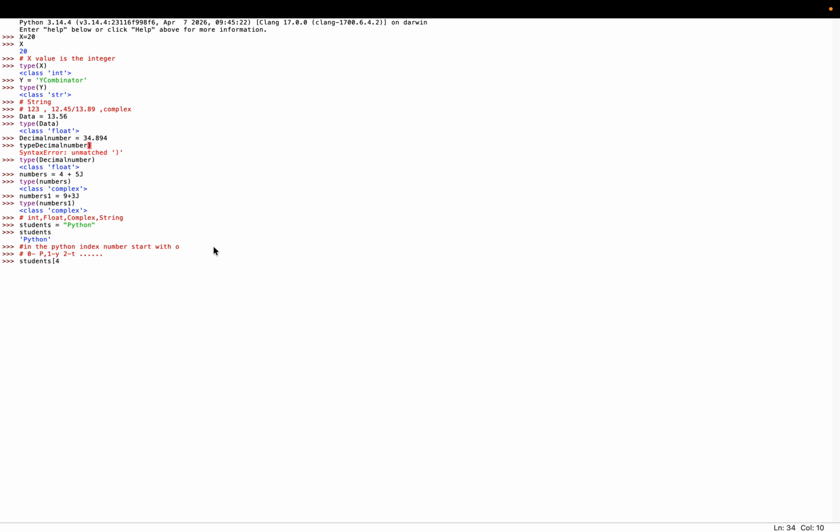Example, if I go with the positive number, what is the P number now? P number is 0. Y number is 1. T number is 2. H number is 3. And O number is 4. Now you can see I am getting O.